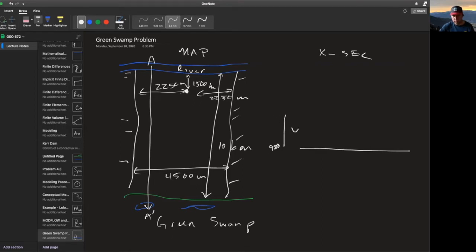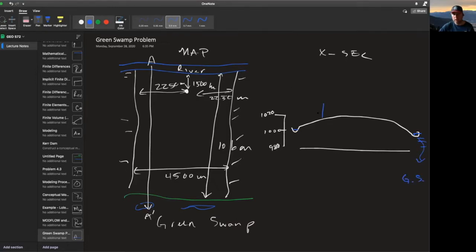Our land surface did something like this. This was 1020. This is 1,000. And the water level here is 1,000. And the water level here is 1,000. And this is Green Swamp.